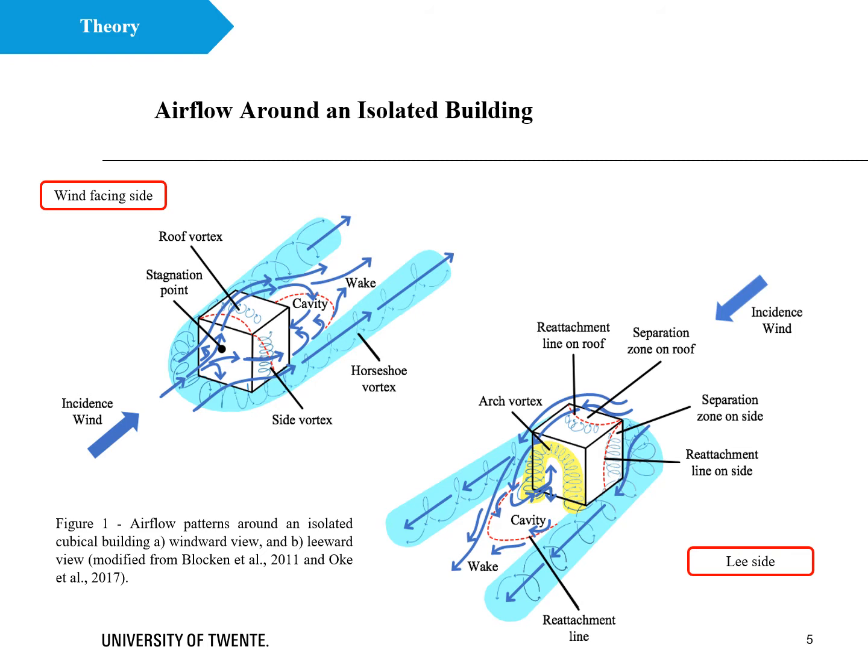To make it clear, this slide shows the theoretical airflow patterns around an isolated cubic building. The top left corner shows the wind-facing side and the bottom right corner shows the lee side view.